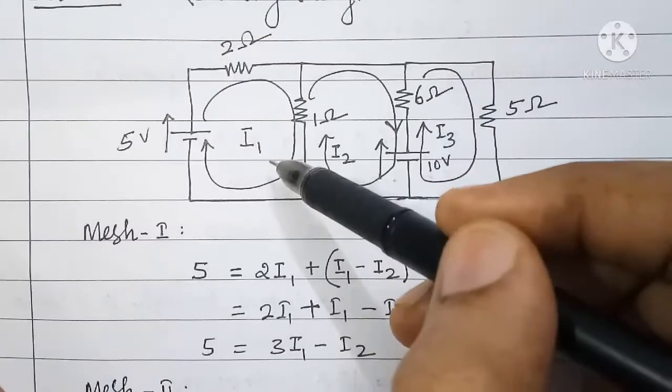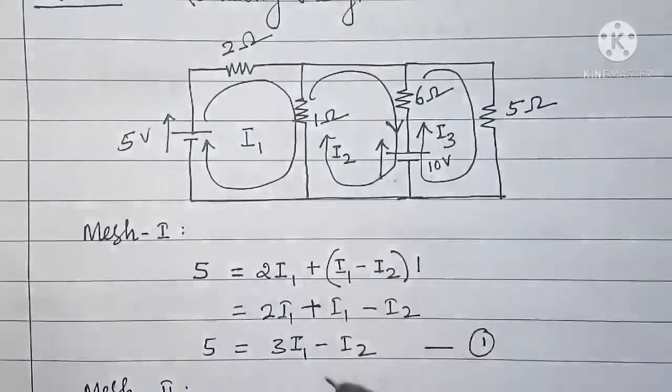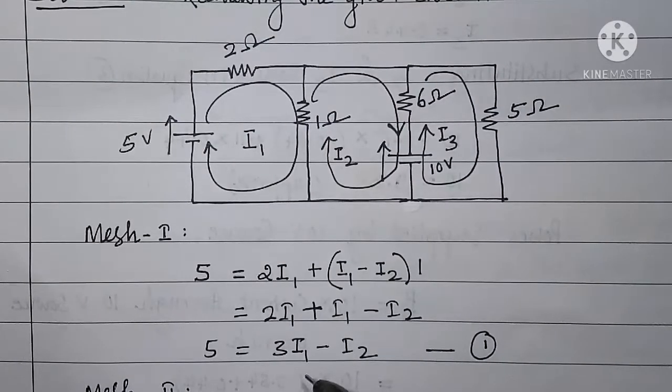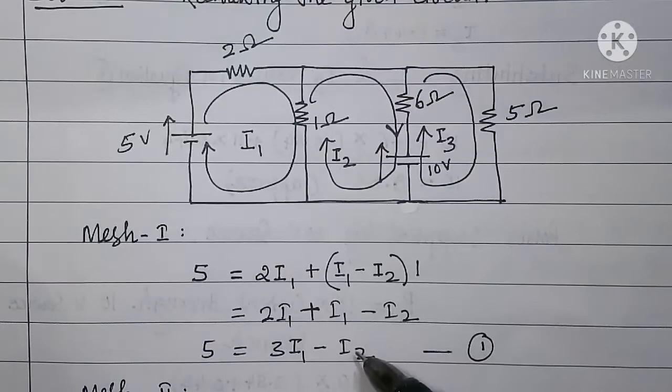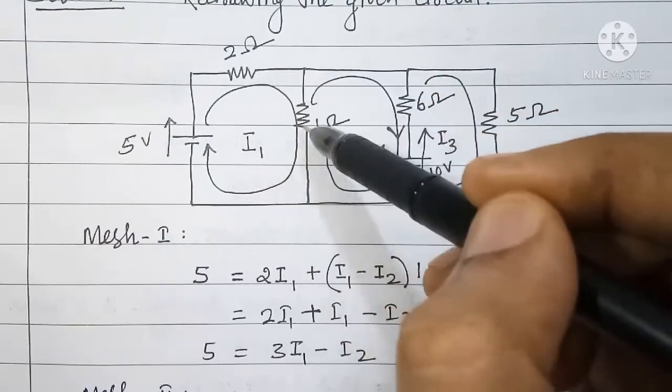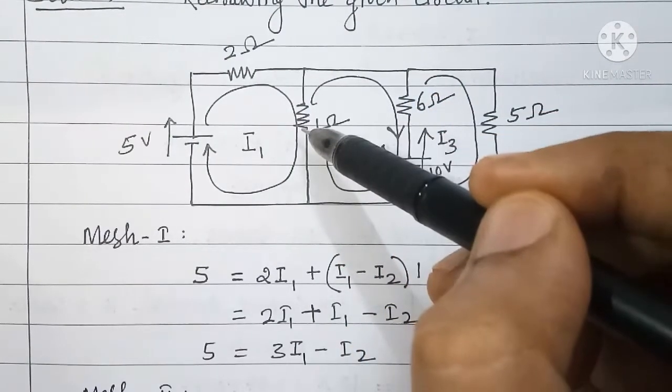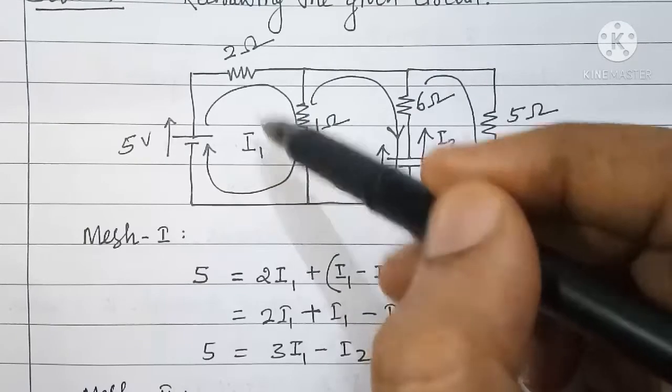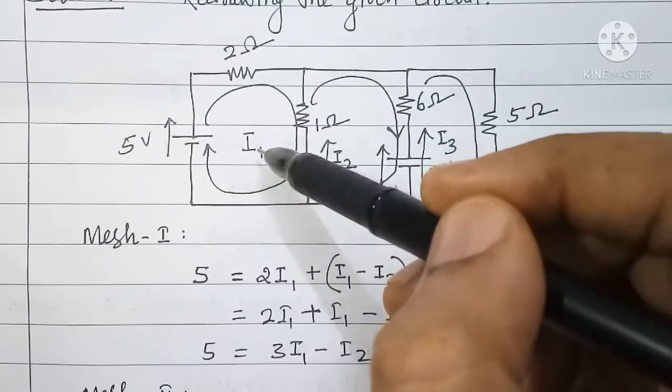If I look at mesh 1 and equation 1, drops in mesh 1 are 3I1 and minus I2. 3I1 is obtained by adding all the resistors in mesh 1 and multiplying with I1, that is 2 plus 1, 3, 3 into I1.